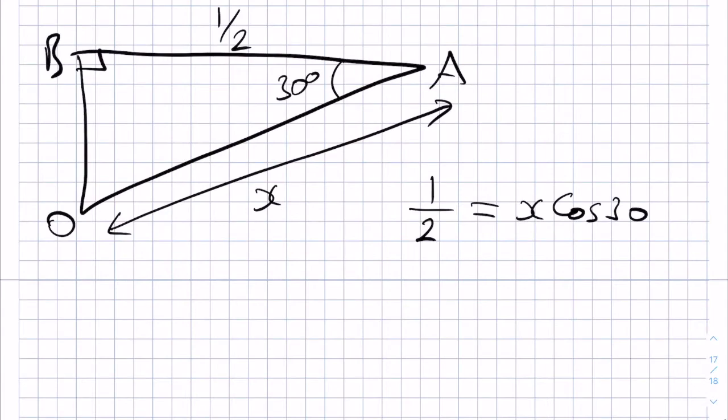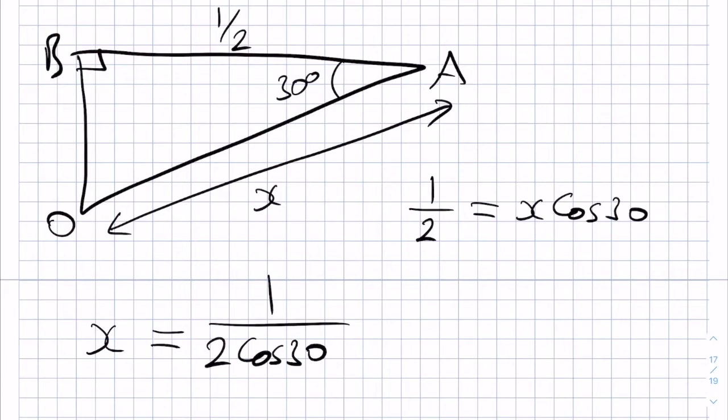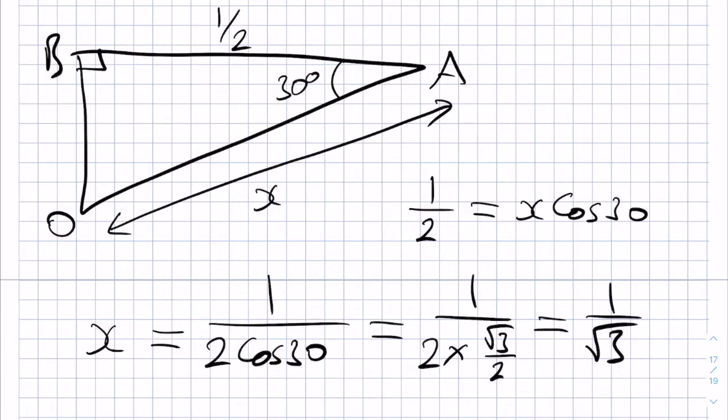Then by dividing, we get that x is equal to 1/2 over cos 30, and cos 30 is root 3/2, and so we have 1/2 divided by root 3/2, which is 1/√3.